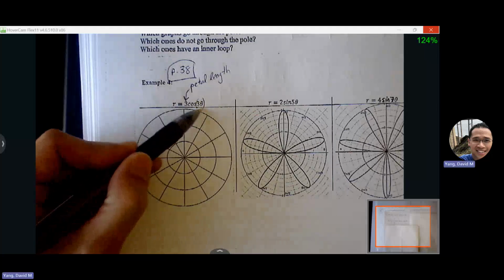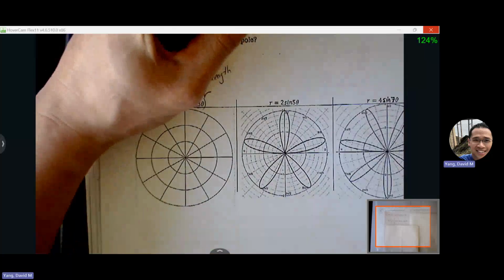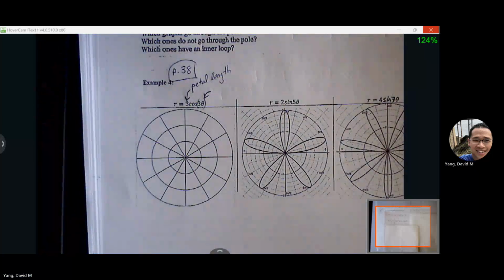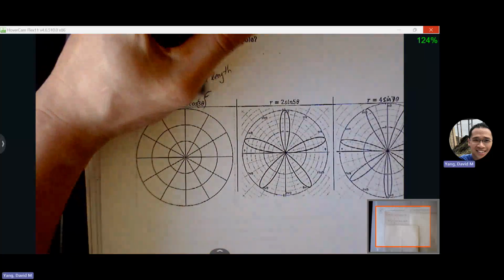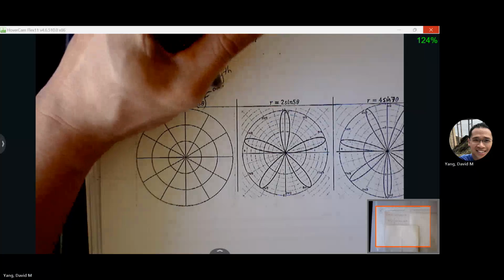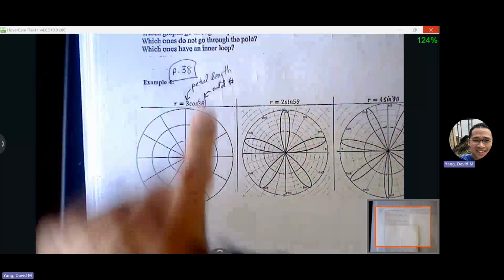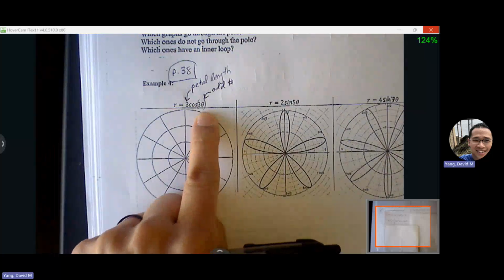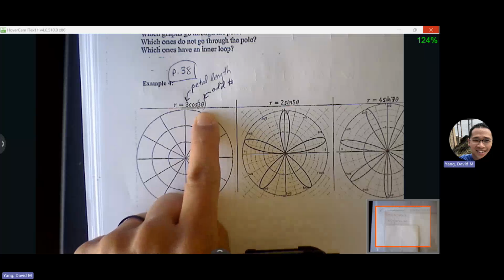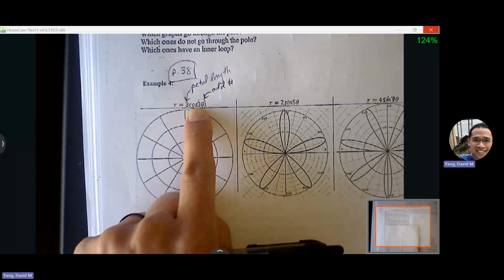And that 3 theta is indicating to us the number of petals. So if it's an odd number, which this one is, then it's going to indicate the number of petals. If it's an even number, then there's going to be a little difference going on.